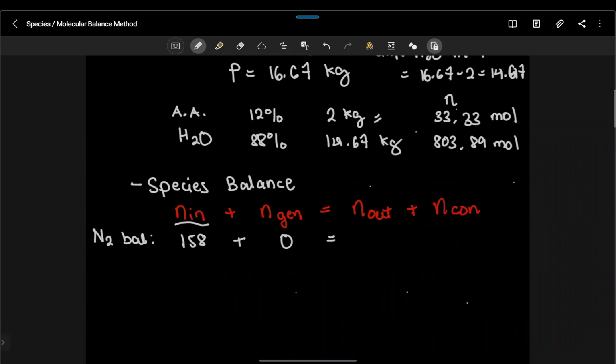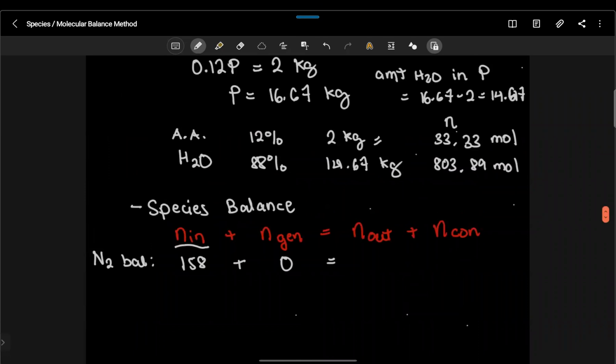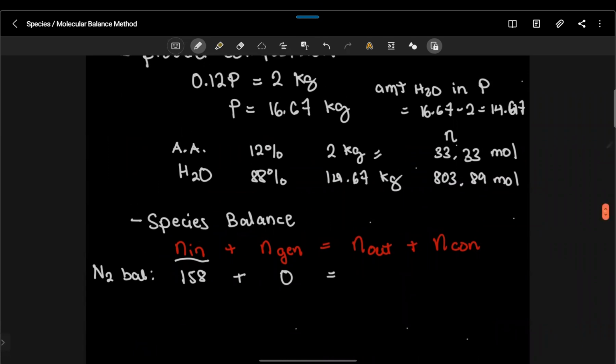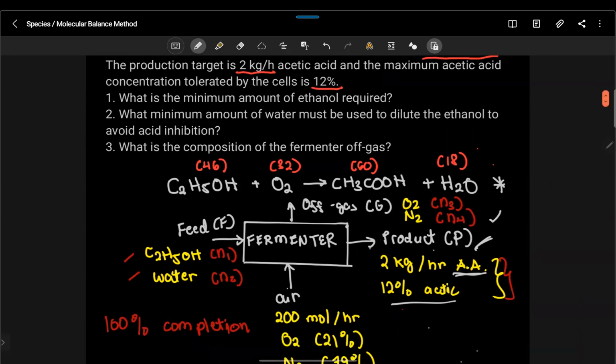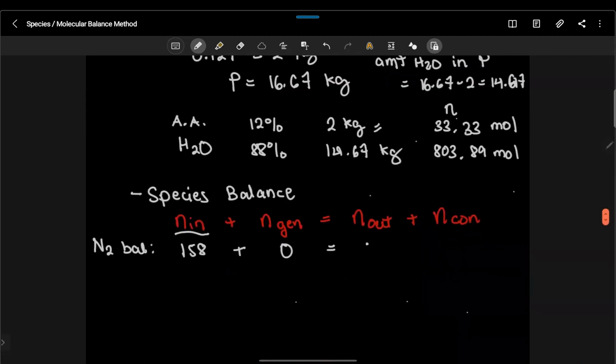Meron bang output of nitrogen? So, meron, di ba? Kasi in-assume natin na sa off gas, merong oxygen, merong nitrogen. Okay? May lalabas na nitrogen malamang. So, ano yung amount ni nitrogen sa off gas? Ayun, no? N4. So, unknown siya, right? N4 siya. So, ilagay natin dito, N4. Plus, moles of nitrogen consumed.